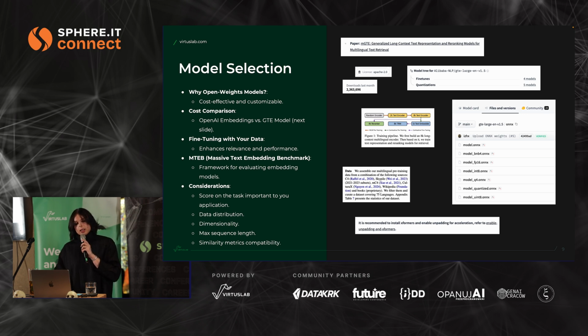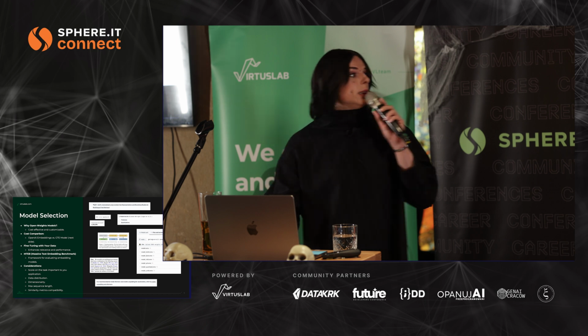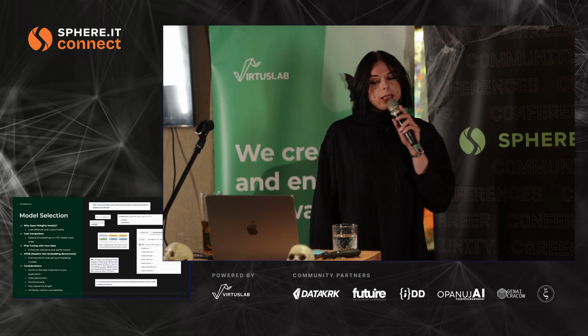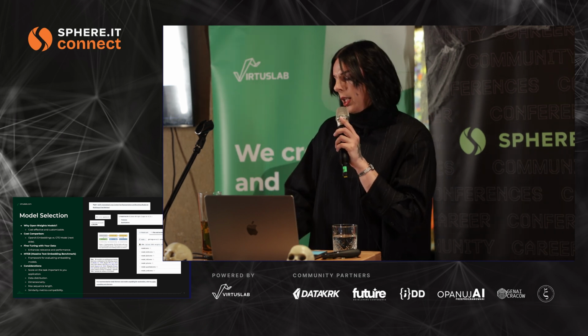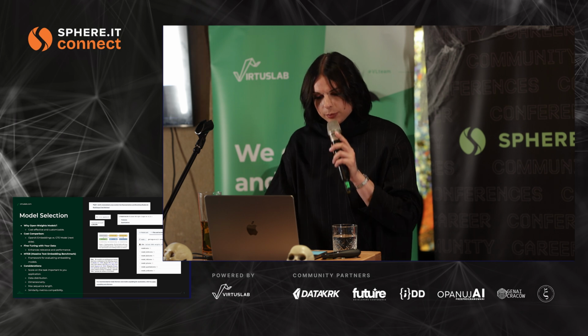So we can take a model, and if the distribution of the data that the model was trained on is different from the distribution of our data, we can fine-tune the model so it works better with our data. And this is something that we cannot do with models that are externally hosted.